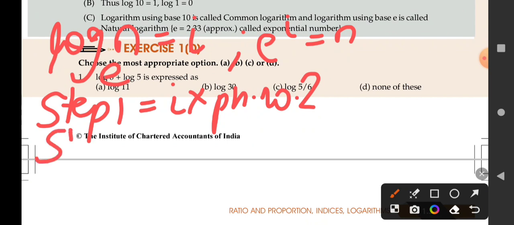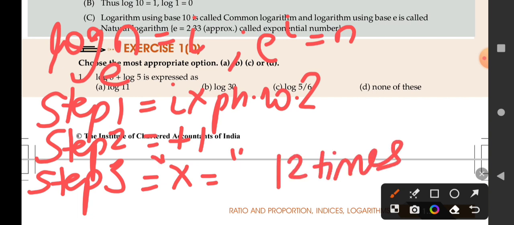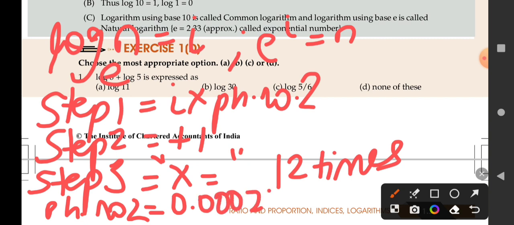Step 2, plus 1. Step 3, multiply equals 12 times. So what is phone number 2? 0.00024417206. Okay.